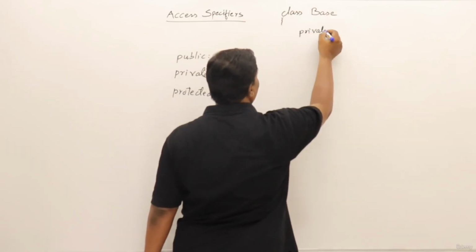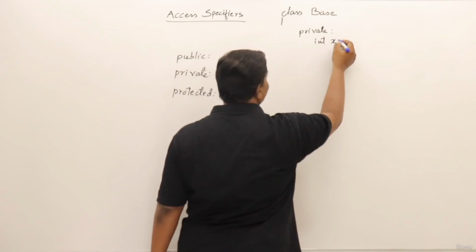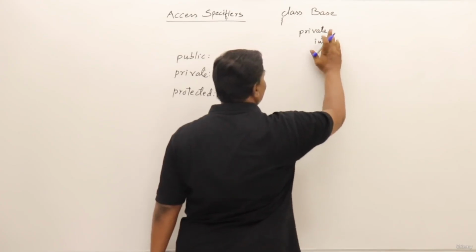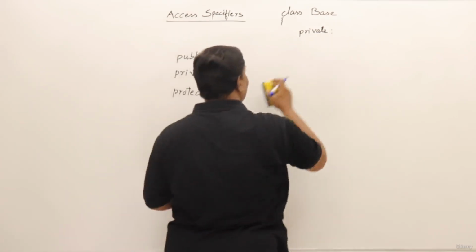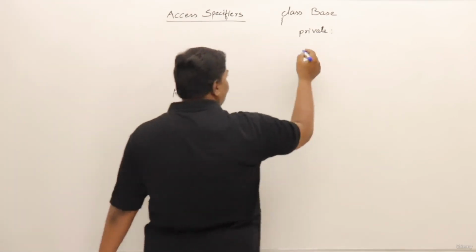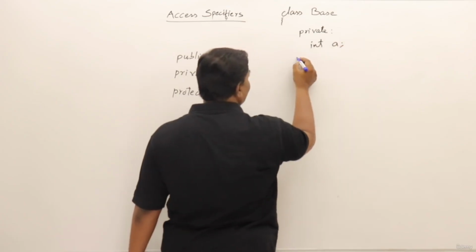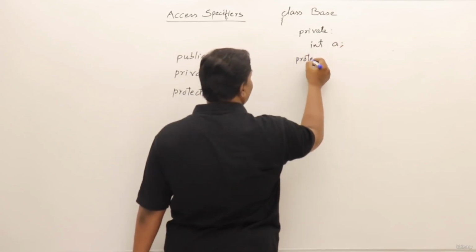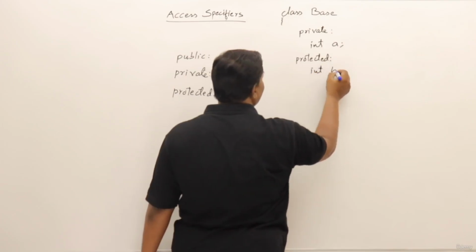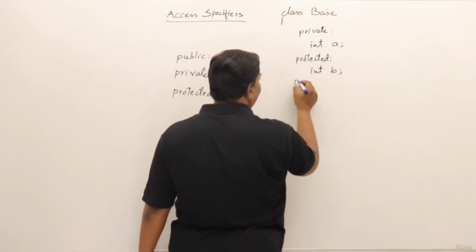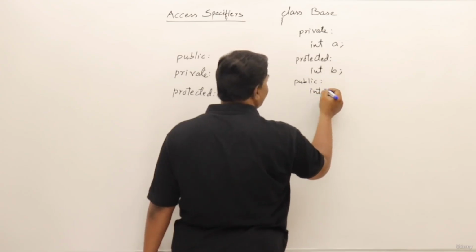Private: inside this, integer x. Then, inside this, integer a, then protected: inside this, integer b, then public: inside this, integer c.